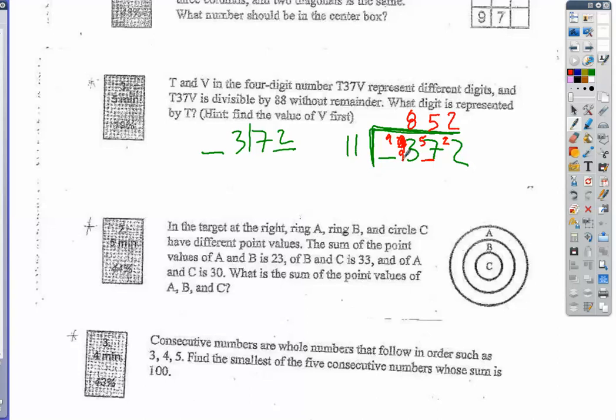So this has to be a 93, that's right. Because 8 times 11 is 88. So 93 minus 88 gives me my remainder of 5. So therefore this has to be a 9. So my final answer is 9, 3, 7, 2.